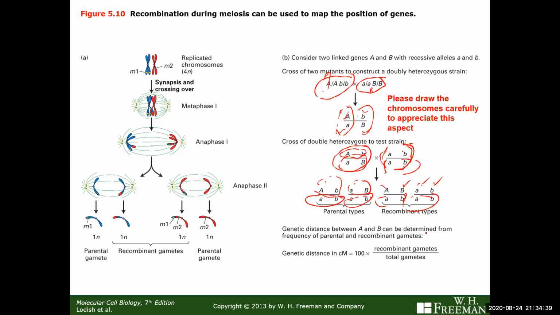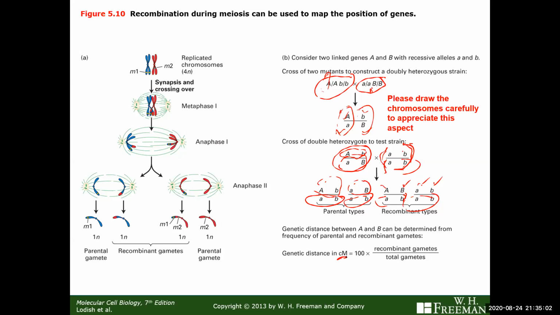This genetic distance, the unit is called centimorgan. Centimorgan is in the name of Thomas Hunt Morgan, who is considered the pioneer in Drosophila genetics or fly genetics. But the unit was defined by his undergraduate student, Sturtevant.